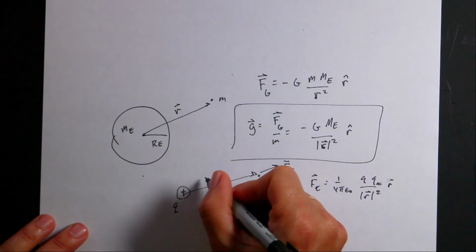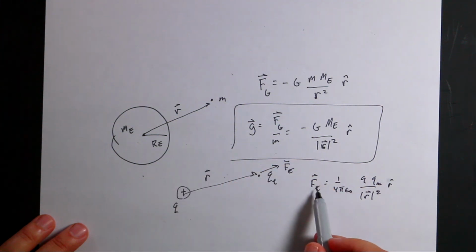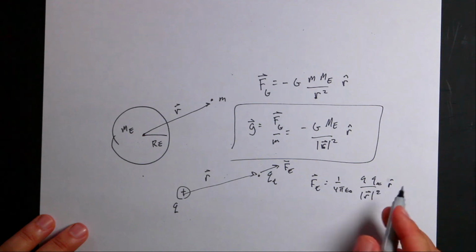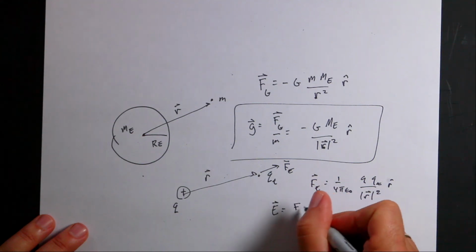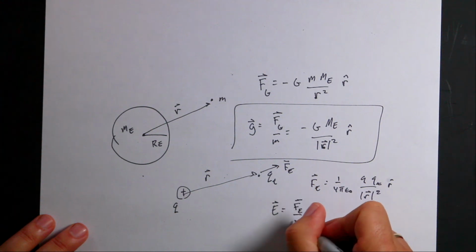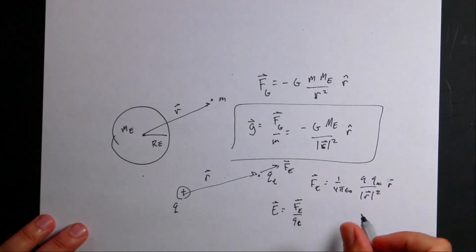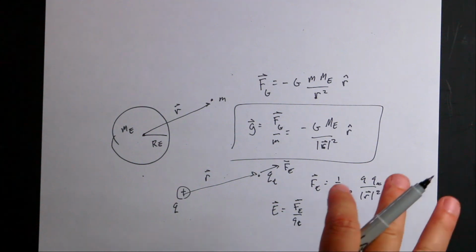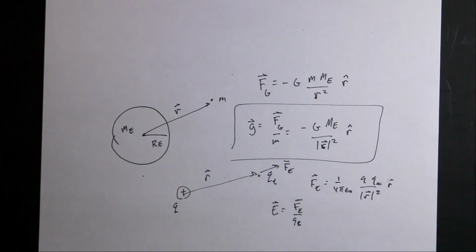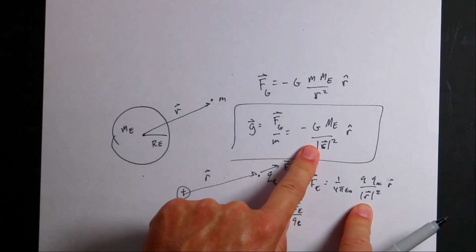Then if I divide the force by that test charge Q_T, I get the electric field, E equals F_e over Q_T. It matches up well with the way you do things in the second semester of physics dealing with the electric field. We do the same thing with the gravitational field, and the models look the same anyway.